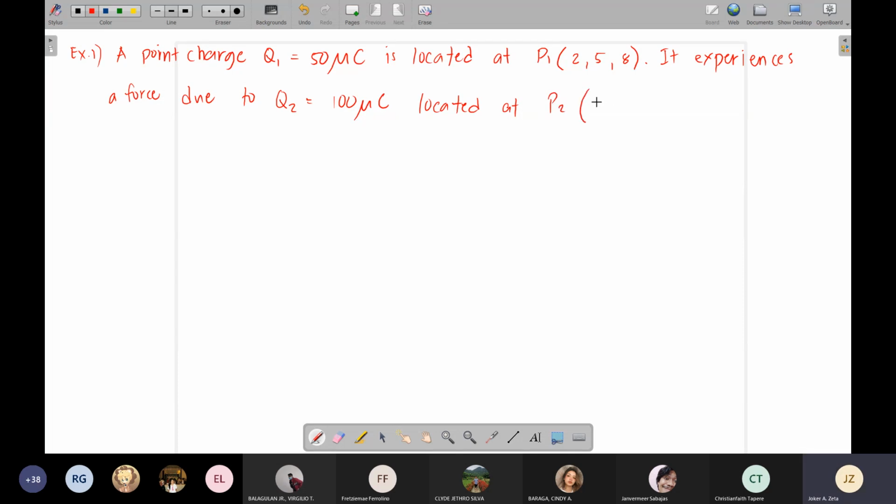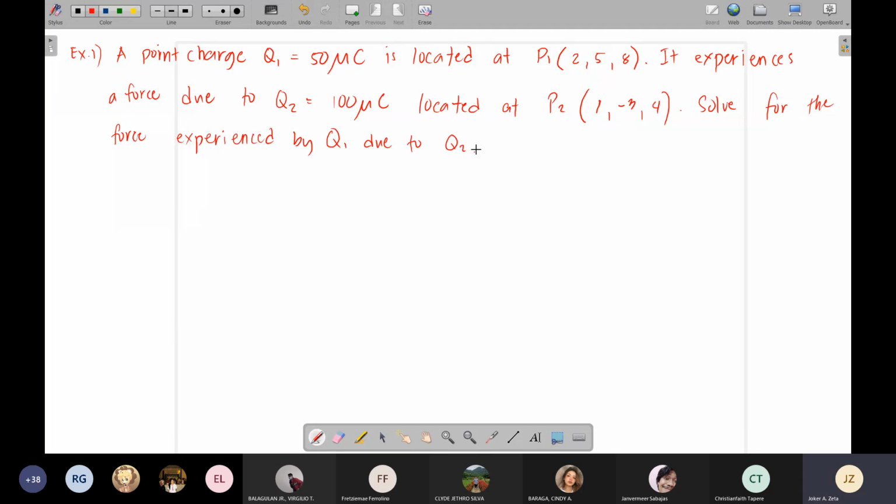So, let's say ang Q2 is located at (1, -3, 4). Okay? Solve for the force experienced. Okay, experienced by Q1 due to Q2.